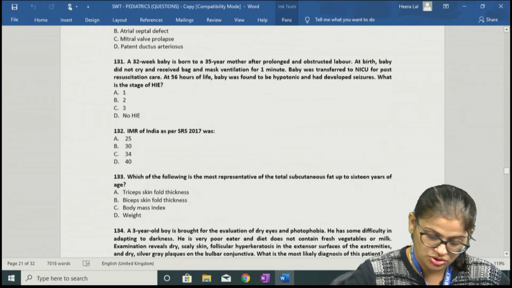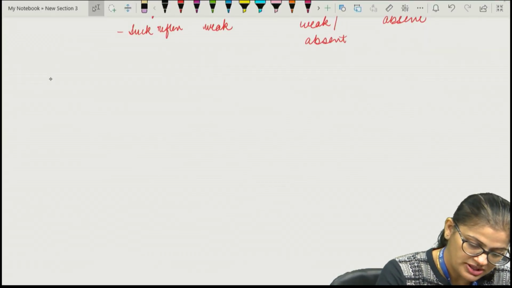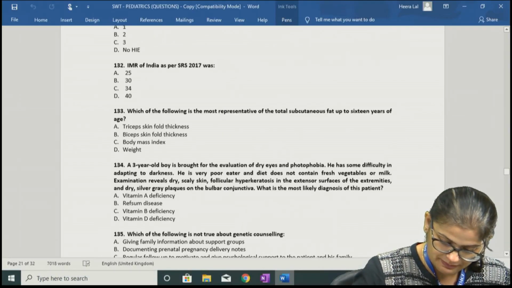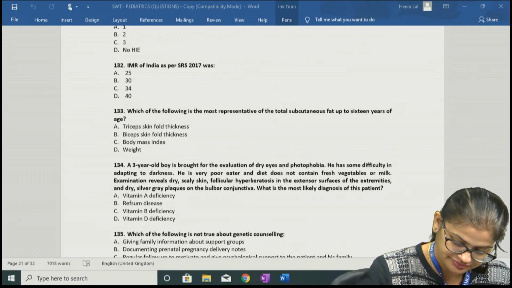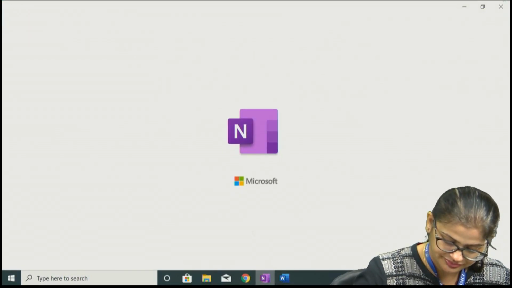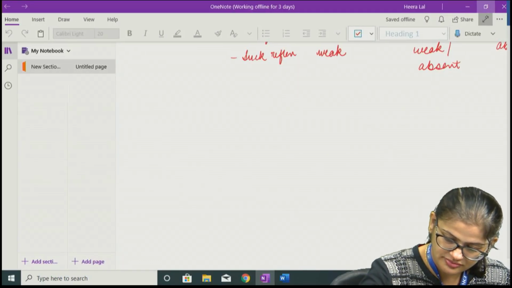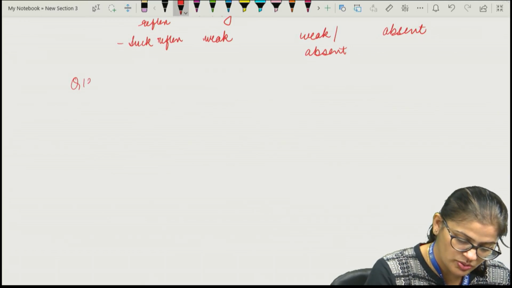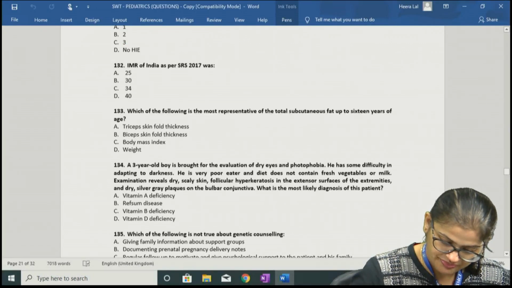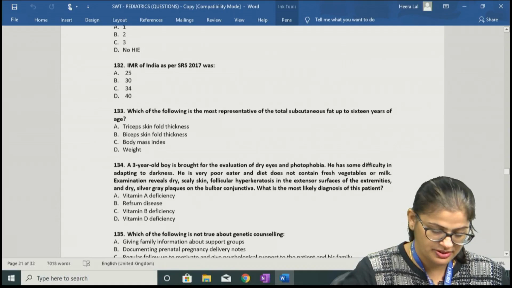So next we come on to question number 132, and question number 132 was, IMR of India as per SRS 2017 is.